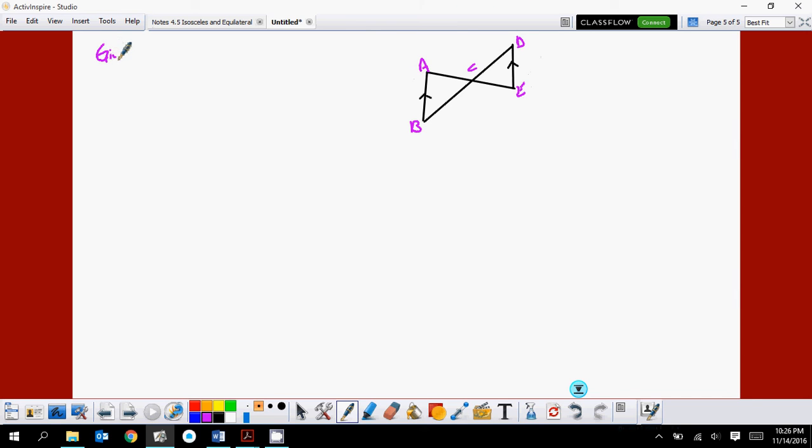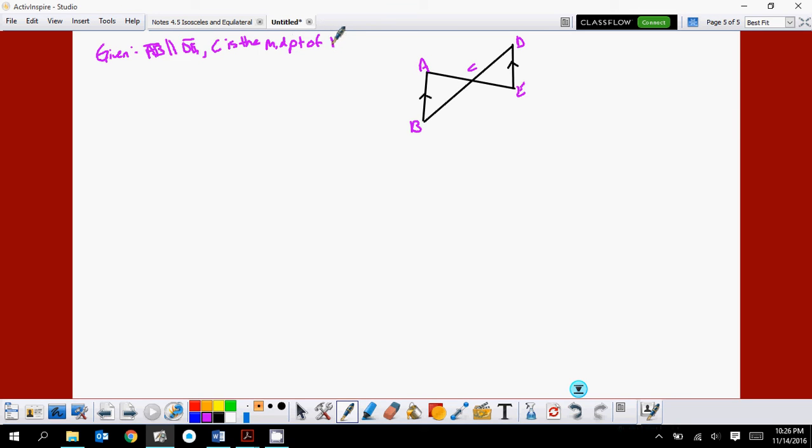that AB is parallel to DE, and also that C is the midpoint of BD.